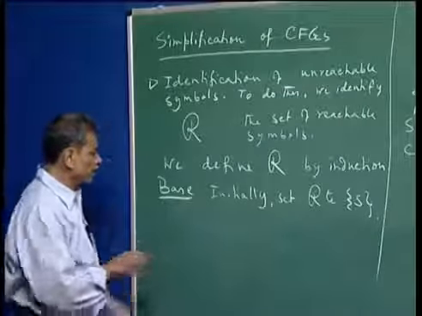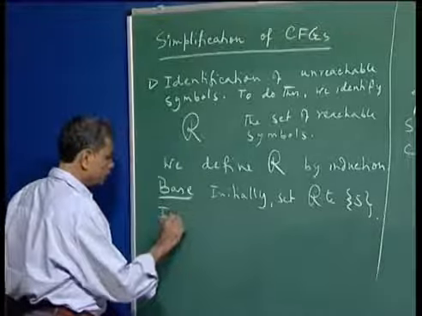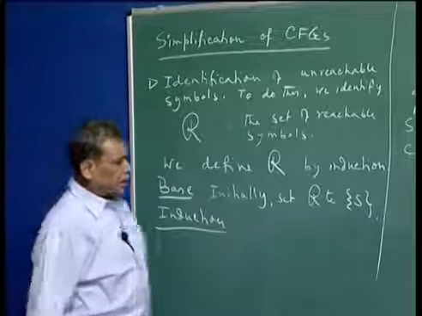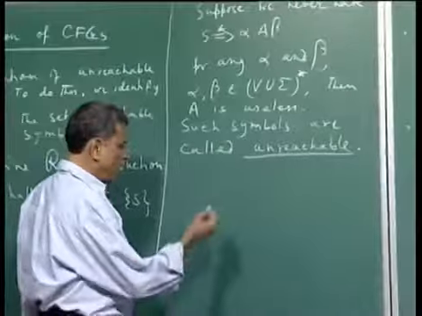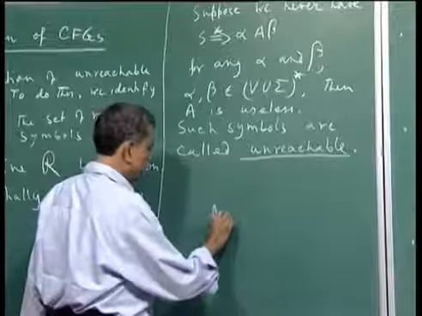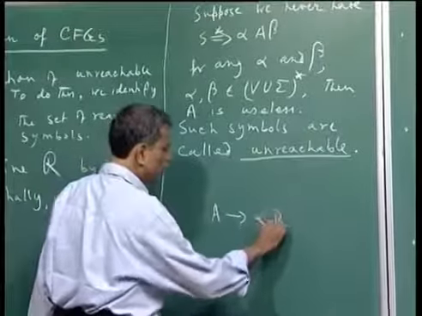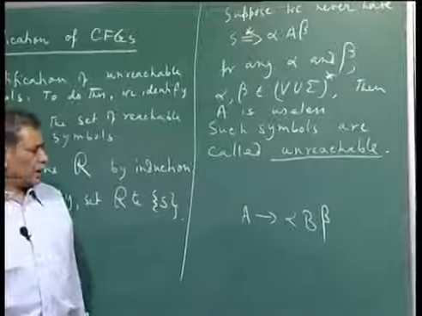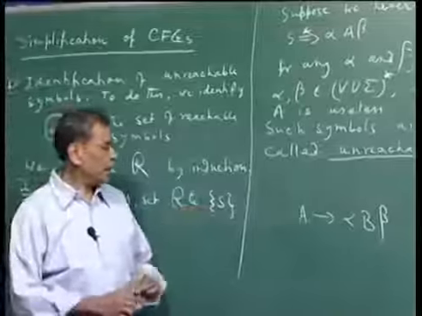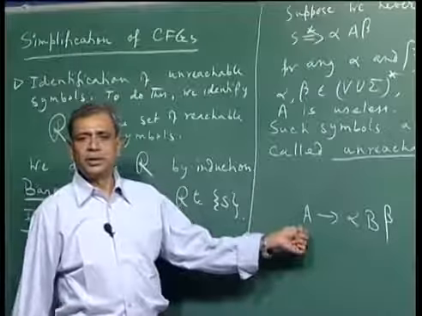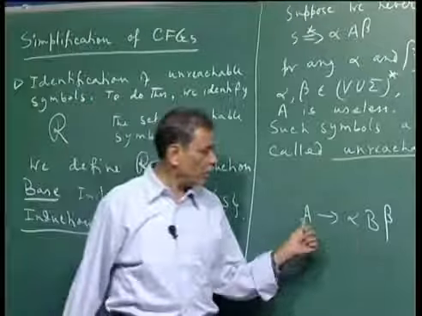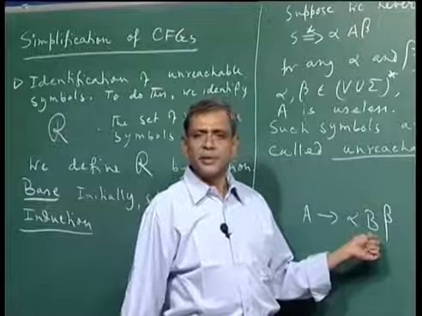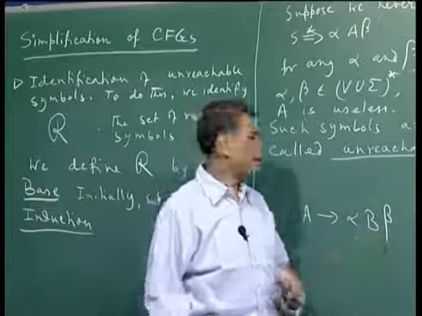And now, the induction process is this. Imagine I have a production, let us say A goes to alpha B beta, and I have already found A to be reachable. Then surely all these symbols here, in particular B, also will be reachable, right.